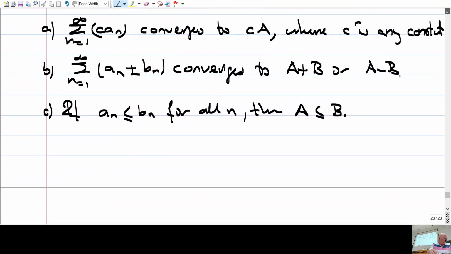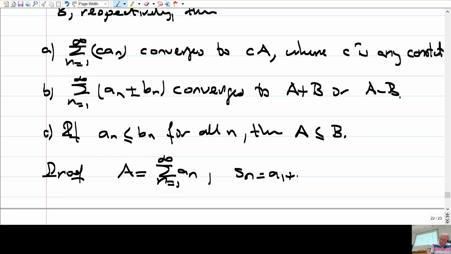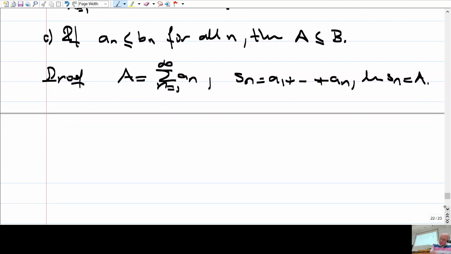Let me just look at the second one. So here you see, A is the sum of this, right? So if Sn is the nth partial sum, then the limit of Sn is equal to A. And B is the sum of the second sequence, Bn.